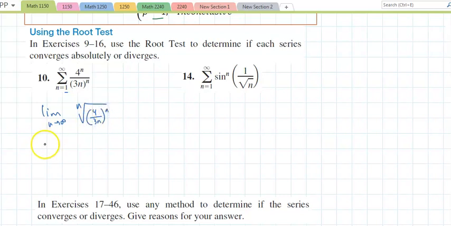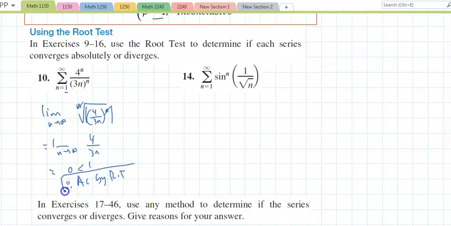It should be an absolute value, but again, if it's positive, I don't need the absolute value, or you could put it there. Those cancel out, and I'm left with 4 over 3 to the n. That would be a 0, less than 1, therefore absolutely convergent by the root test. Well, ratio test and root test stand for the first letters, so it's all fine to do that.